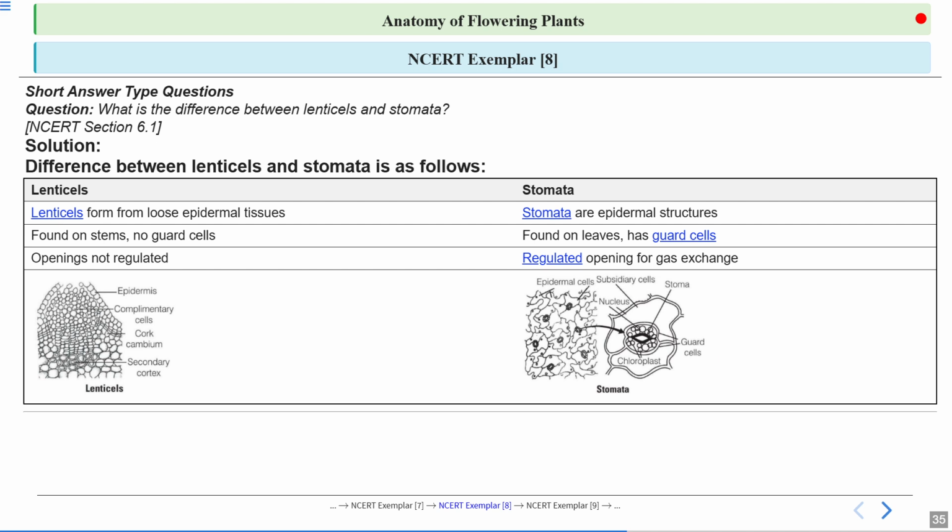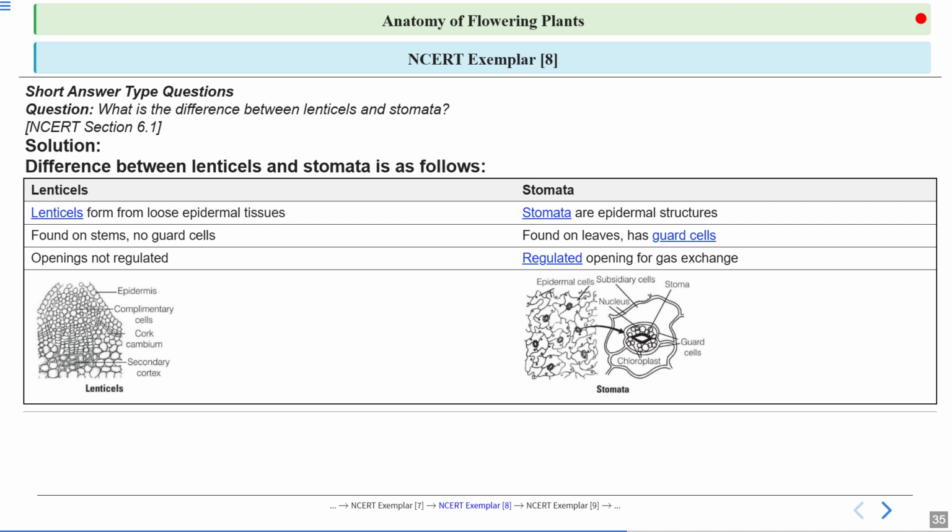There is no modification, just a loose arrangement of cells. But in the case of stomata, the epidermis is modified to form structures like guard cells, bean shaped, and that forms a pore-like structure that helps in gaseous exchange. Okay, this is regarding the structure.